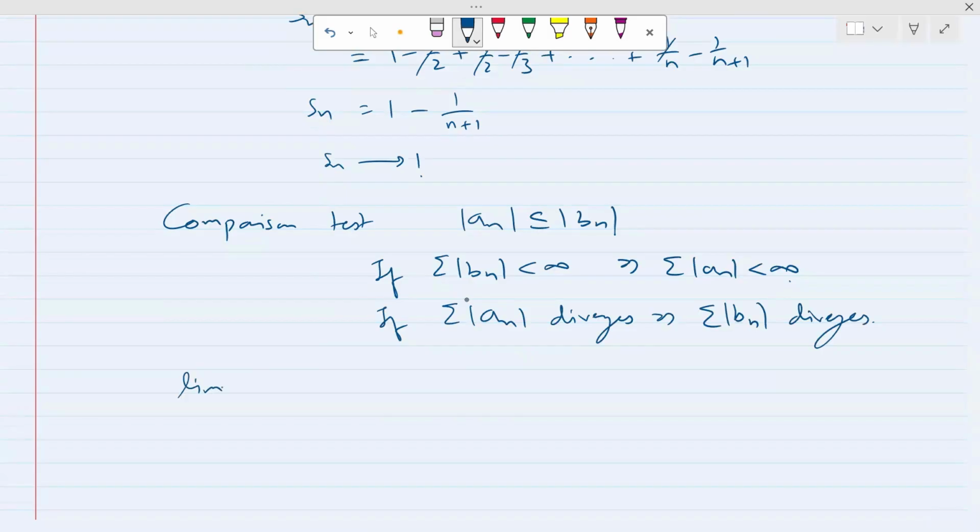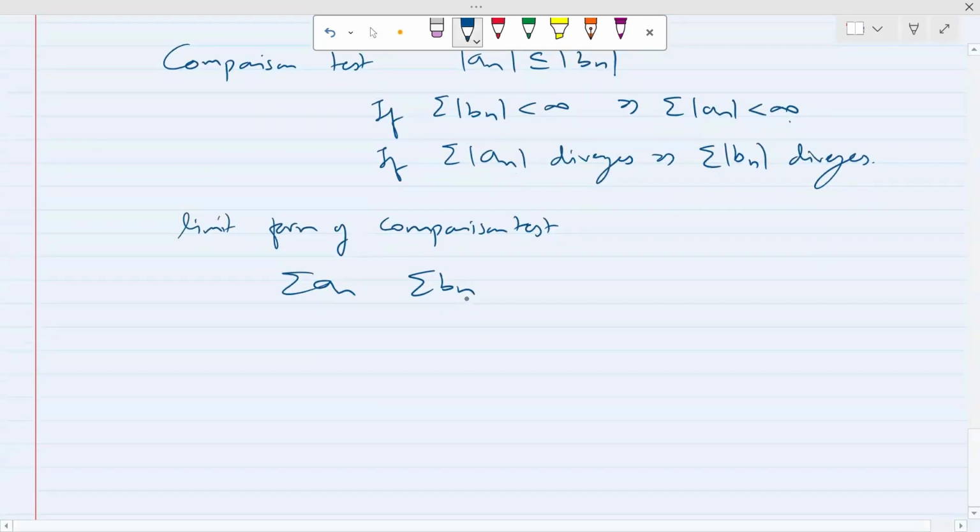And we have something called the limit form of comparison test. We have two series, summation an and summation bn, and then we compute L equal to limit n tends to infinity of mod of an by bn. So what do we know about this?